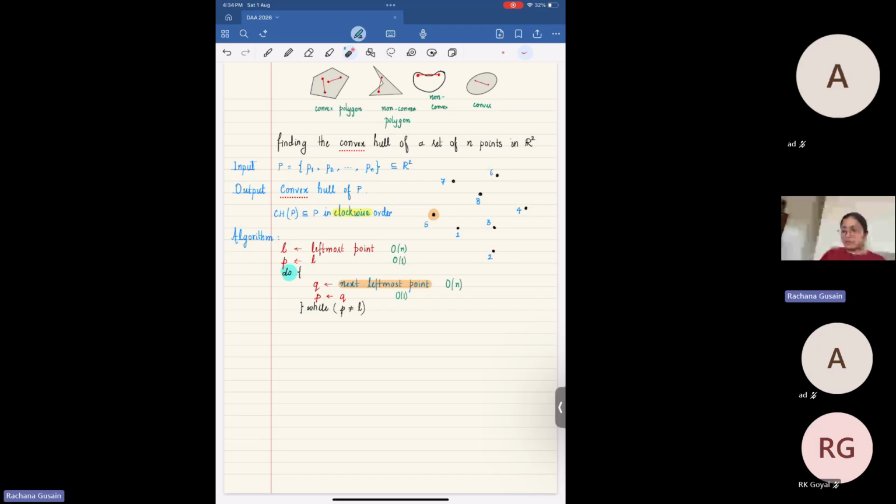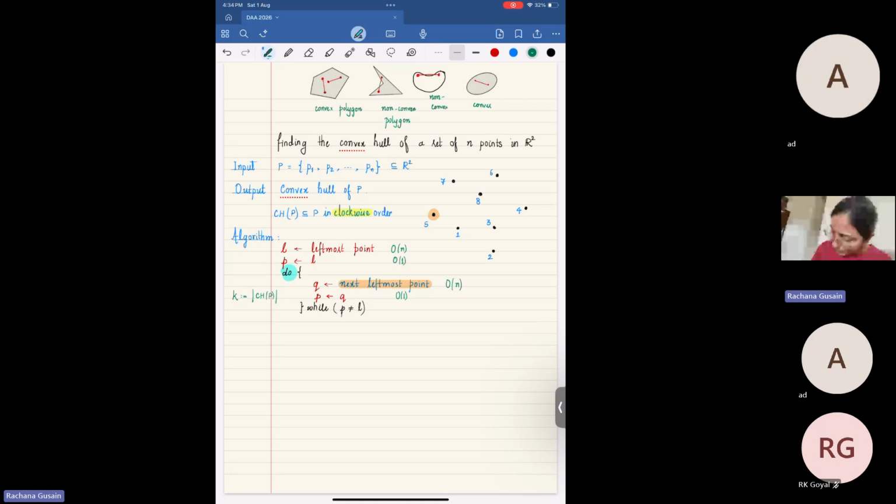So overall, how many iterations are required? If I have k vertices in the convex hull, how many iterations are required? Four.